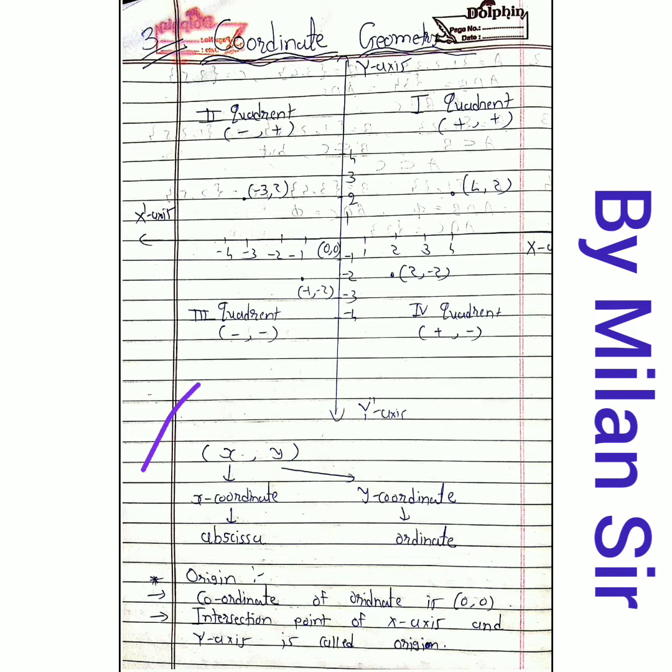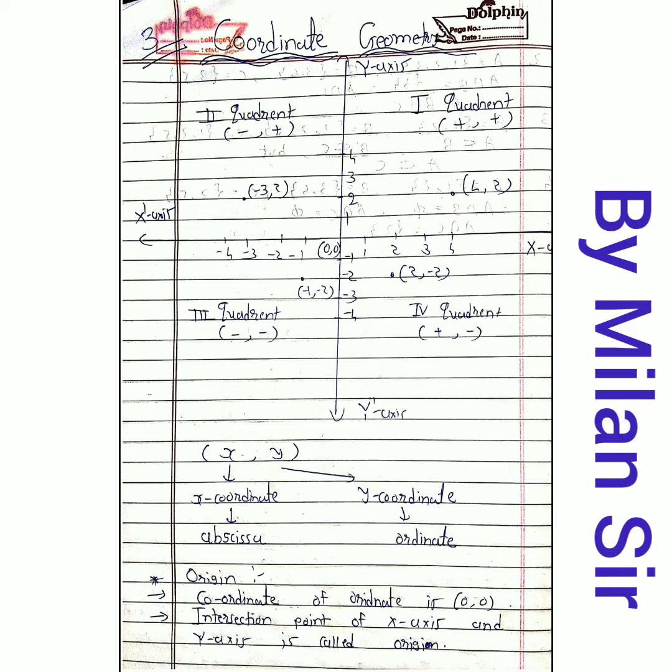Here I draw one figure, that means our graph. In the graph we are taking number lines, it is the Cartesian coordinate system. We learned about the number line in standard 8 and standard 9, and even in the first chapter we need to use the number line.